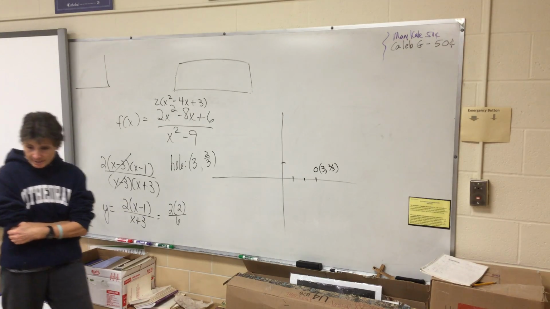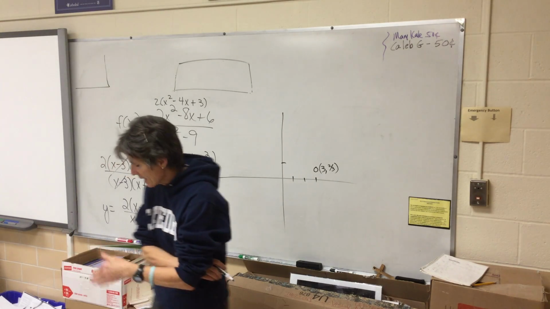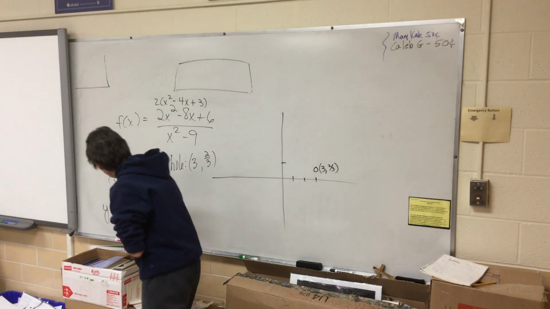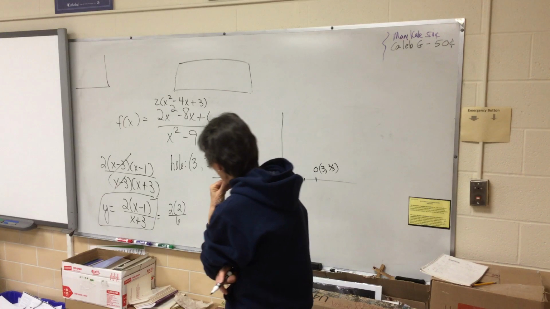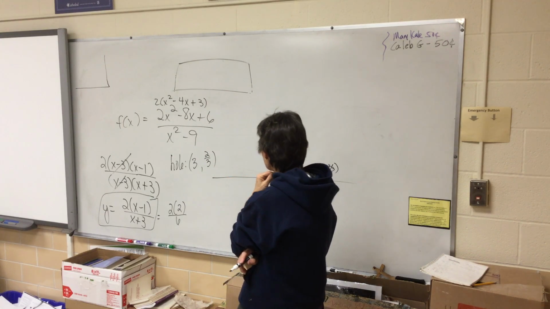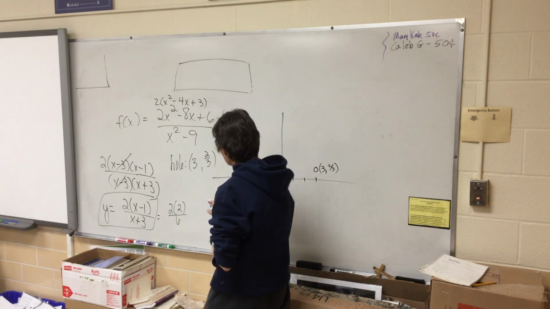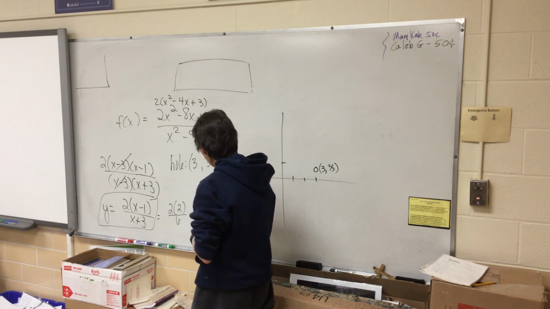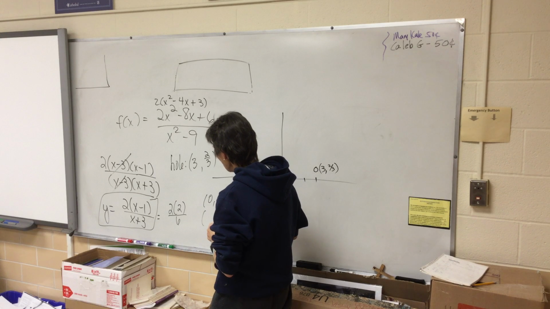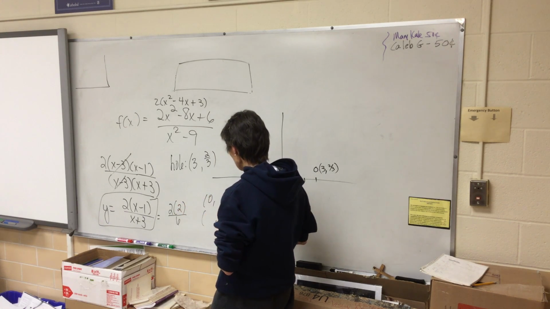Okay, what else? I factored now, so this is really what I've got left. You've got to find the x-intercepts and the y-intercepts. They are other points, and they are found by letting x be 0, and then letting y be 0.